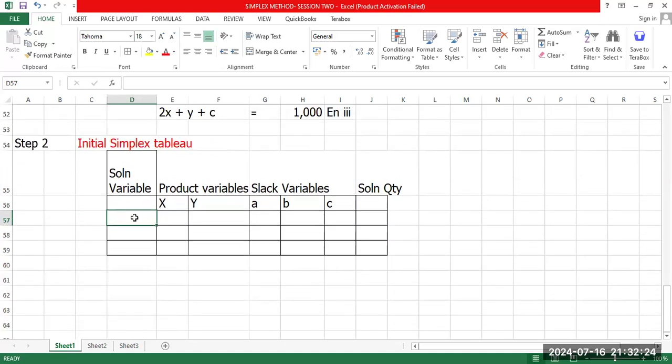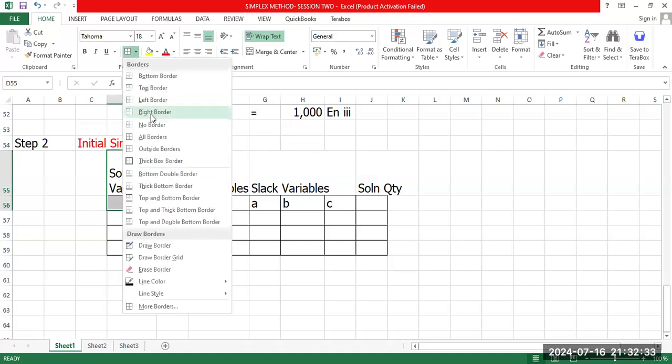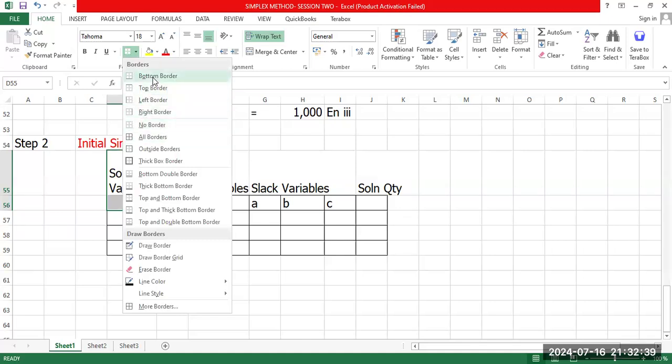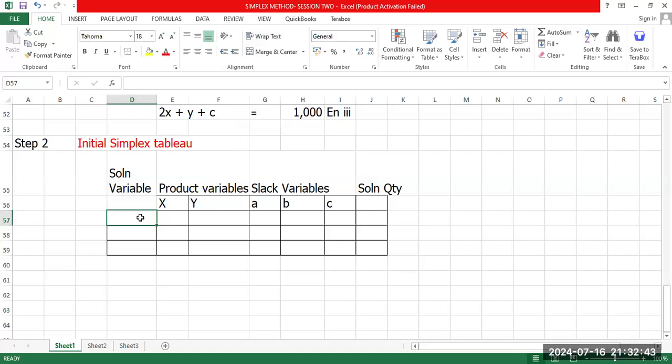We start with the solution variable. Here we put this A, B, and C. This first column should always indicate your slack variables A, B, and C. You just copy them the way they are.